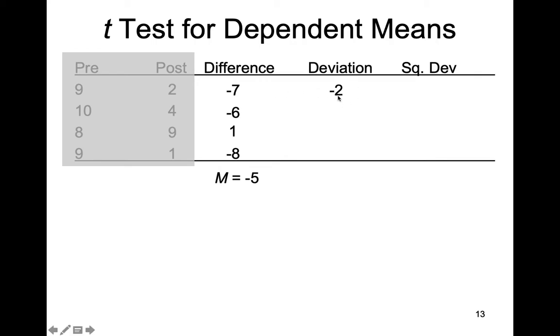So we get a deviation from the mean of -2. -6 deviates from the mean by -1. 1 deviates from the mean by, that should be positive 6, beg your pardon. That's incorrect. Typo. That should be a positive 6. And then we've got negative 8 deviates from negative 5 by negative 3.